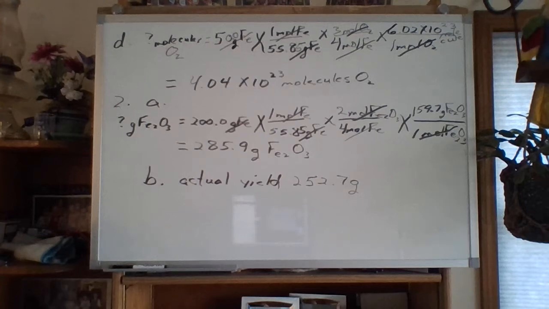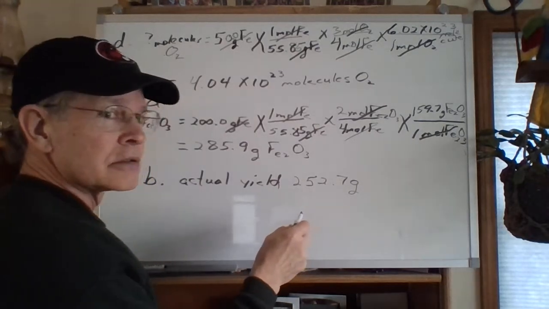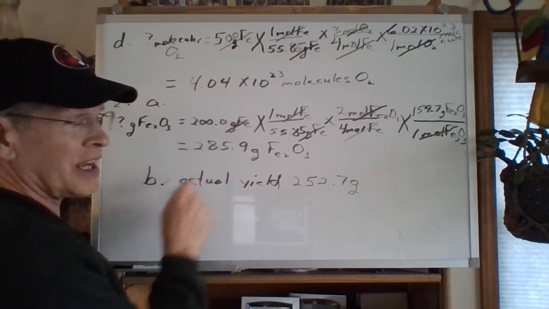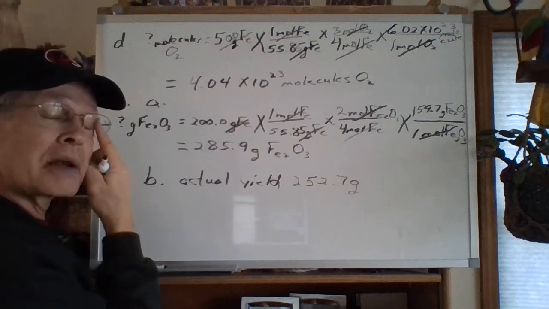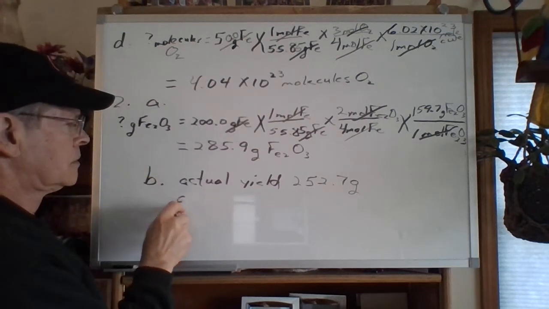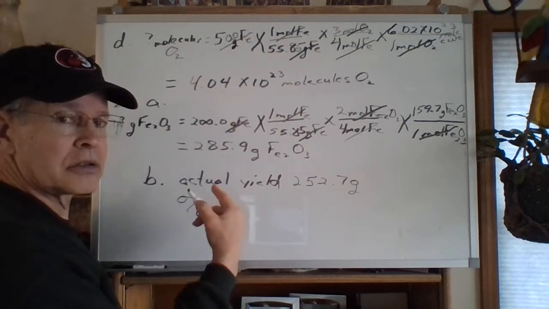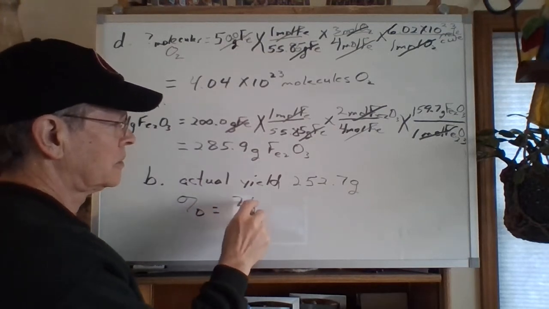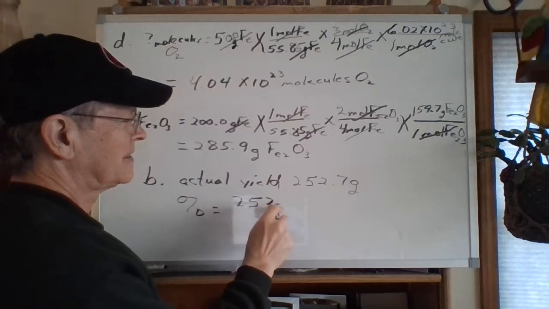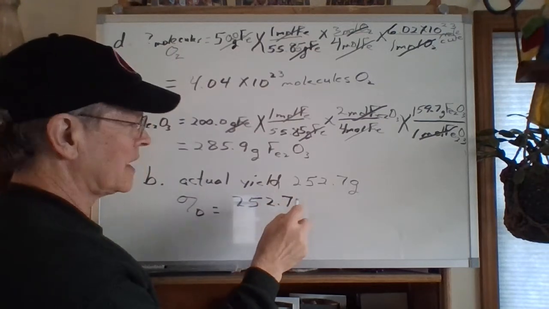Well, if you got 252.7 points on a test that was possible 285.9, what's your grade? You divide what you got by what you should have got, right? Well, what you could have got, possibly.